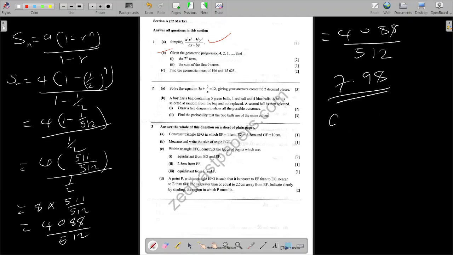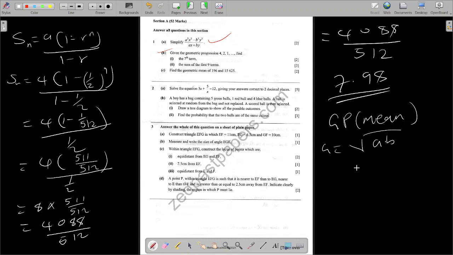Let's call the geometric mean G, which will be the square root of A times B. So you multiply A and B.